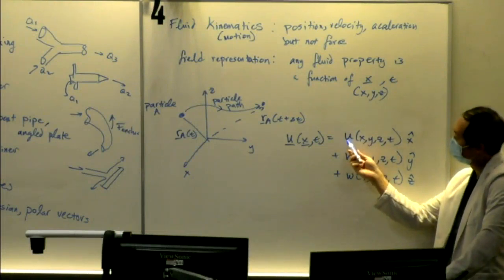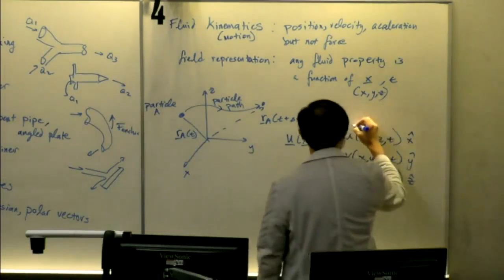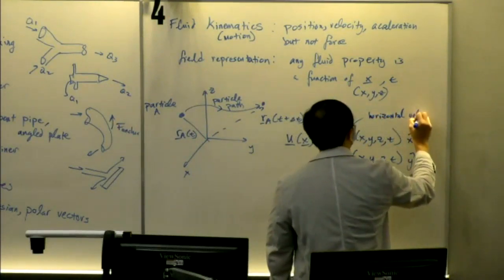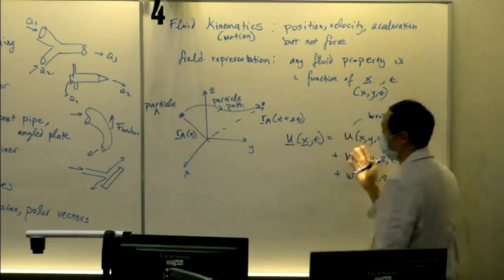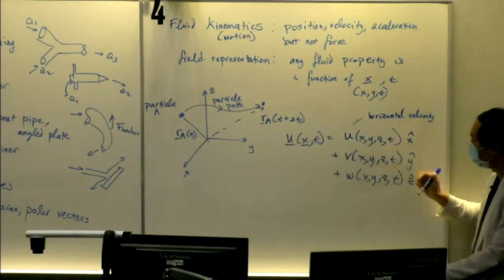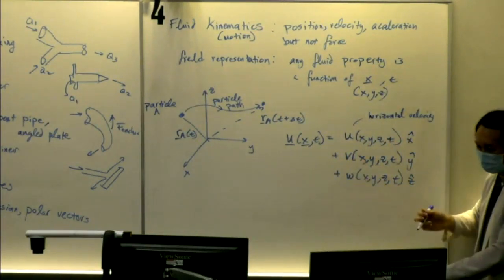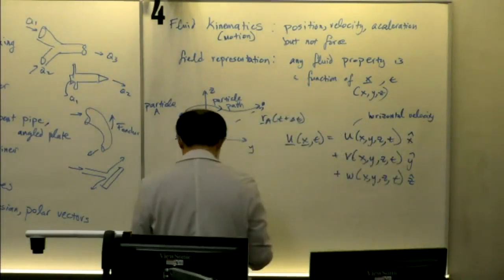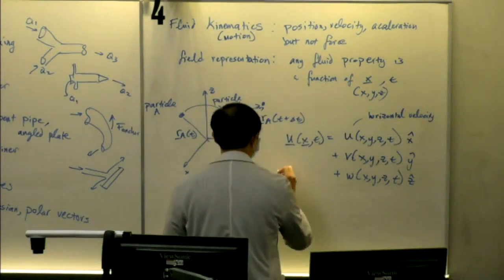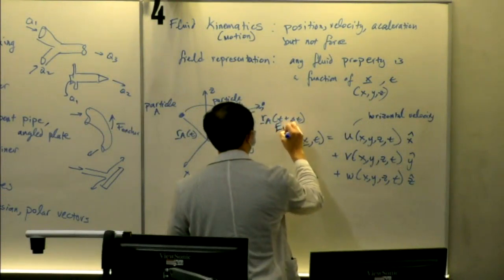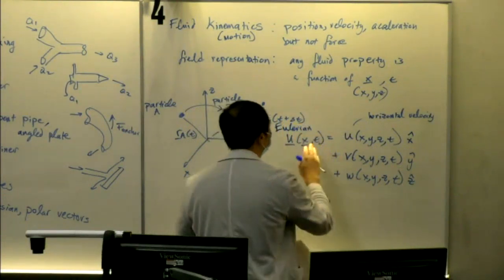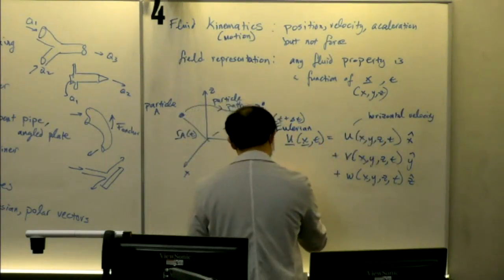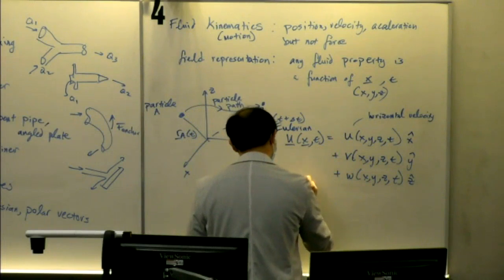Basically, u is the horizontal velocity, a function of x, y, z and time, and same with the vertical, and same with the velocity into the board. So this is the Eulerian approach, where you look at fixed x, y, and z points in space, and then there's the Lagrangian approach, which I'll define on the next board.